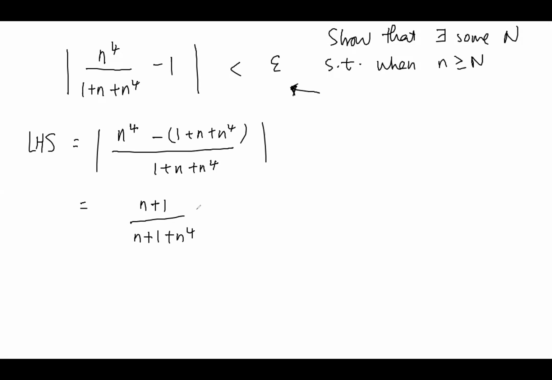I would say the easiest bound is this thing, right? This is bounded by n plus 1, n plus n power of 4, right? Because it's less 1, yeah. And then this one you can factorize, right?